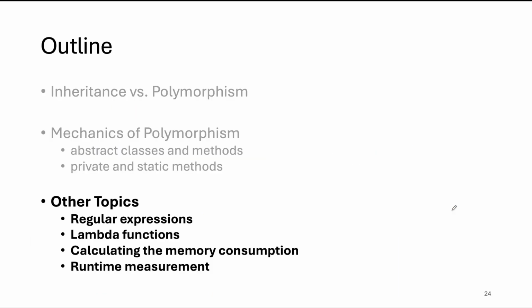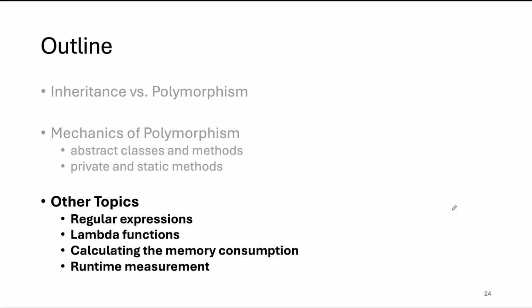Now we are at the end of this presentation, where we are going to look at other topics other than polymorphism. These topics are not included in the Java course. However, I plan to discuss them because of their importance.